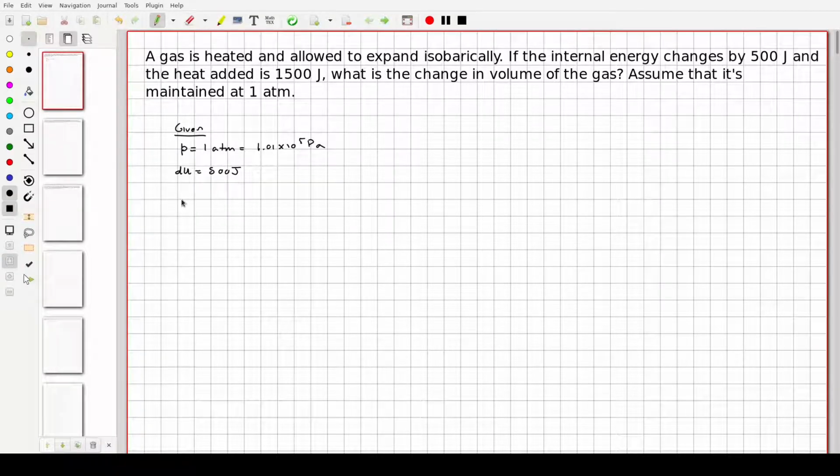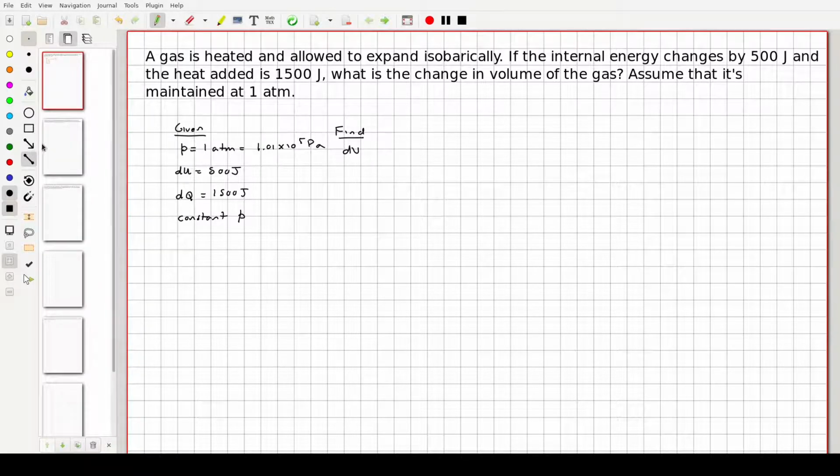We're given that we have added heat, which means it's positive, of 1500 joules. Now, constant pressure, and we're trying to find the change in volume, dV.